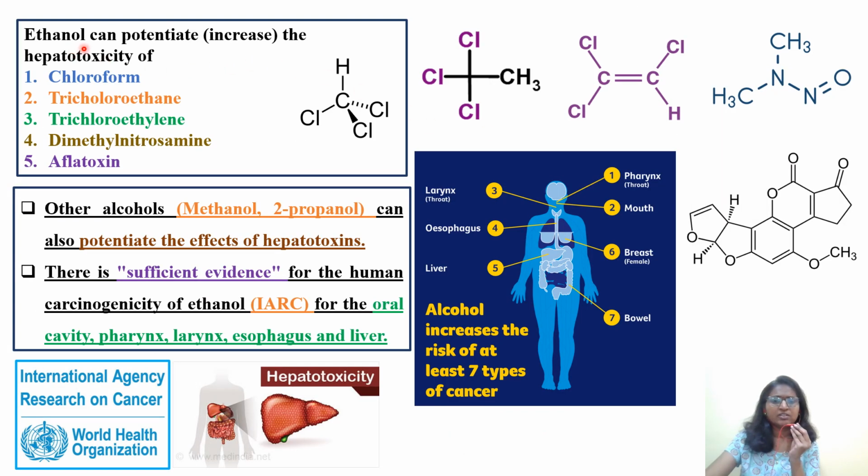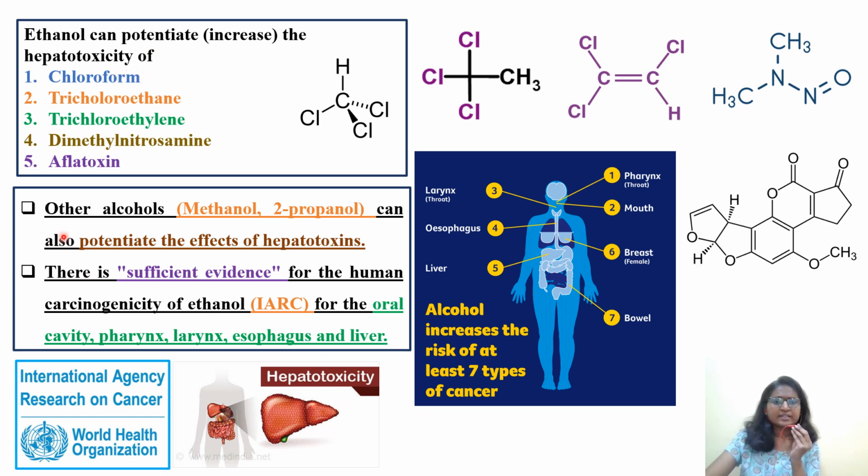Still, ethanol can potentiate or increase the hepatotoxicity of other chemicals. Again, you have to remember these particular terms: synergistic, additive, potentiation. So when ethanol is used along with chloroform, trichloroethane, trichloroethylene, dimethylnitrosamine, or aflatoxins, there is a potentiation or increase in liver toxicity.